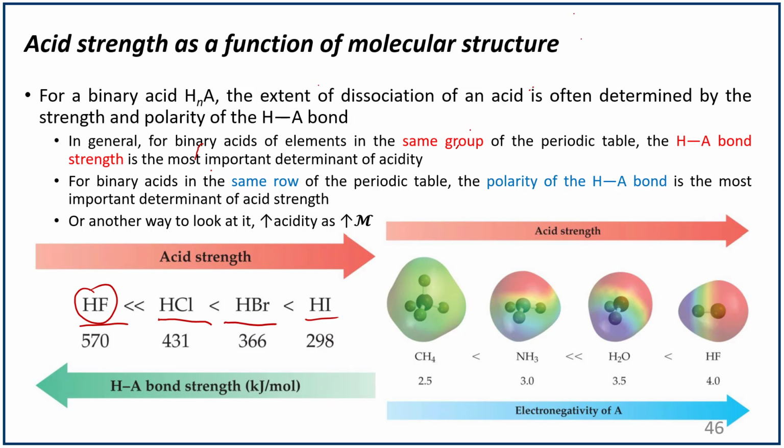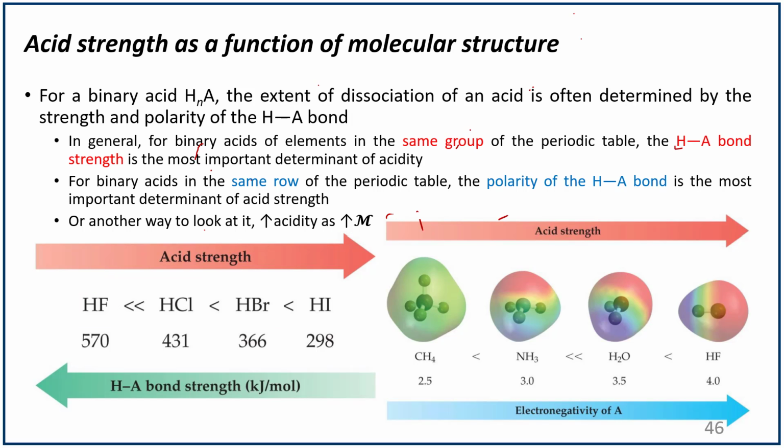And the reason why the HF bond is strong, remember, is that fluorine is the most electronegative element. That's why for hydrofluoric acid, the fluorine actually wants to hold on to those two electrons that are shared between itself and hydrogen. Okay, that's why hydrofluoric acid is actually a very weak acid.